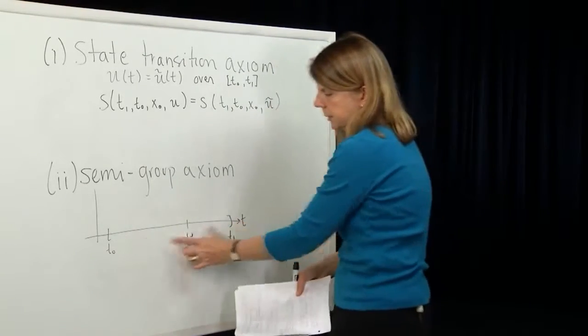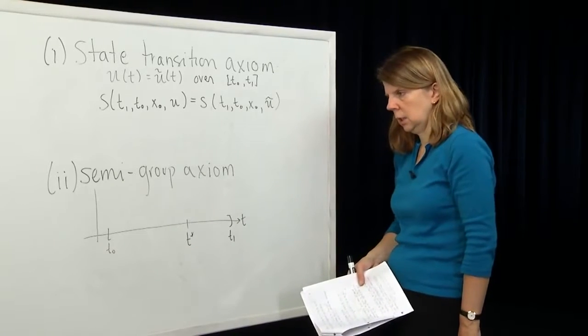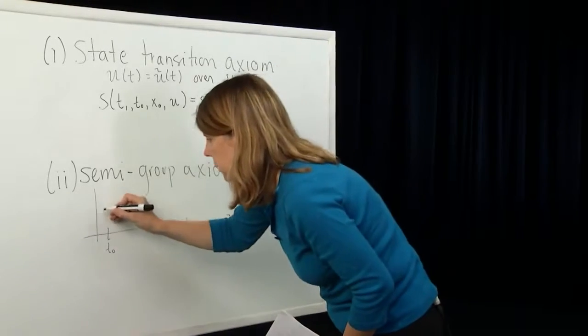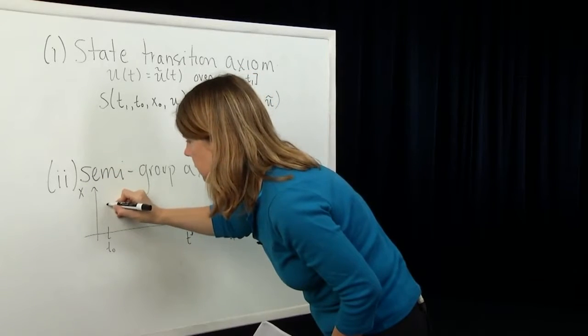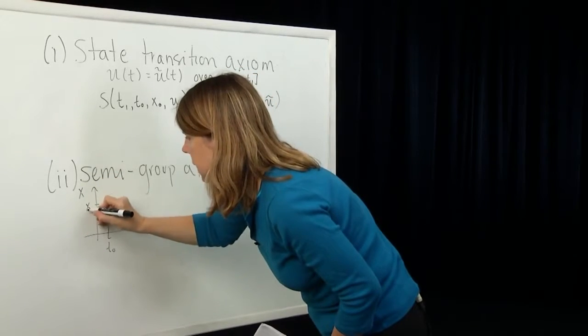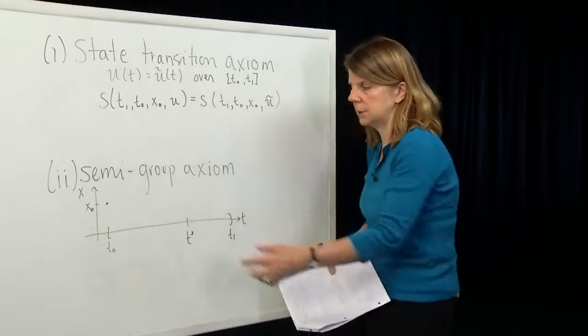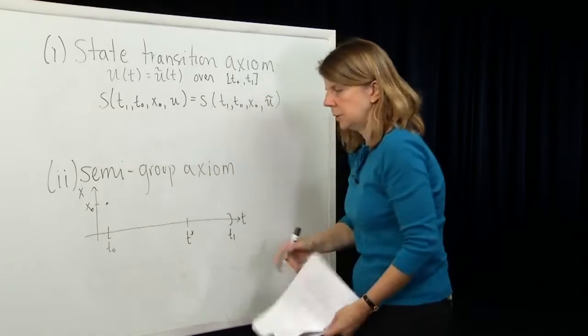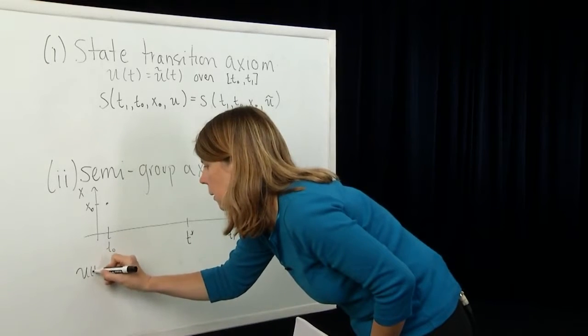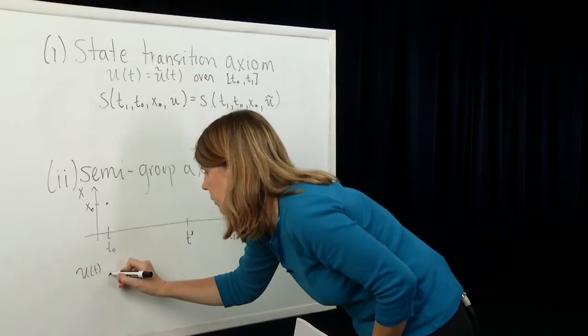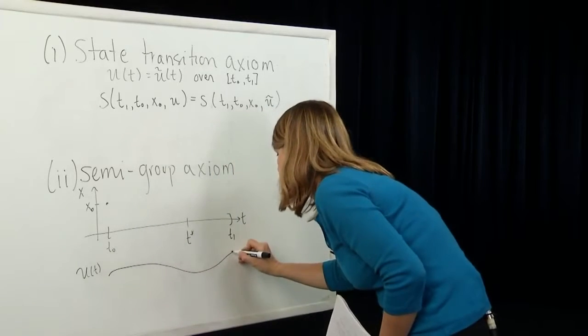So t star is inside that time interval. And let's let this axis be x. So suppose you started the system at state x0 at time t0, and you applied some input, u of t, over that whole time interval. Here's my u of t.